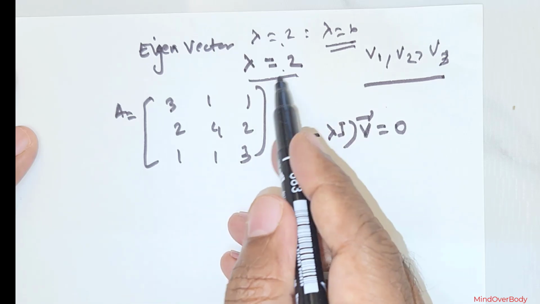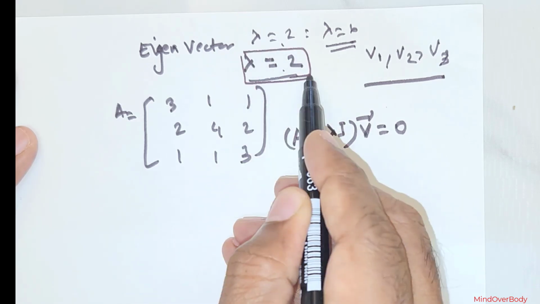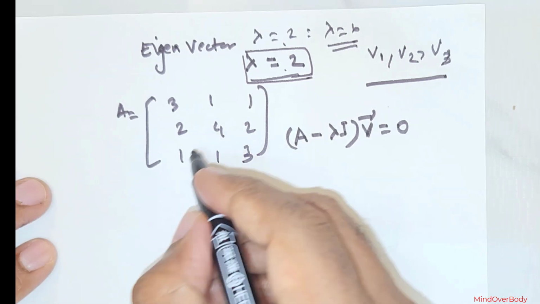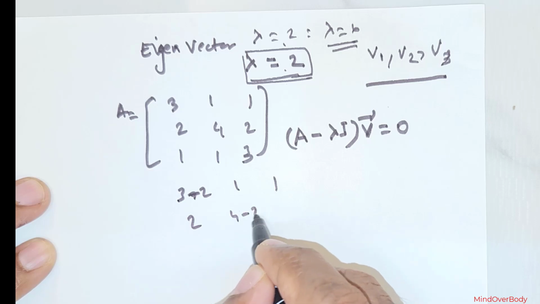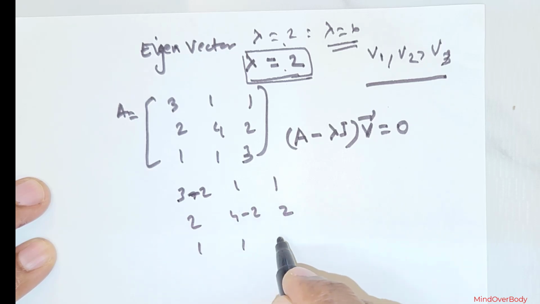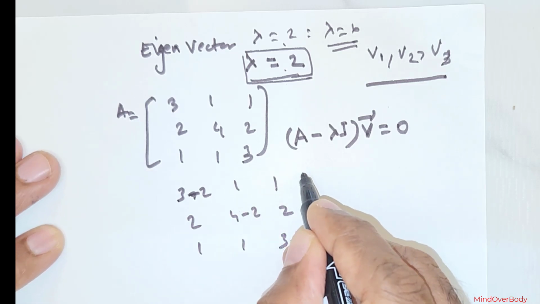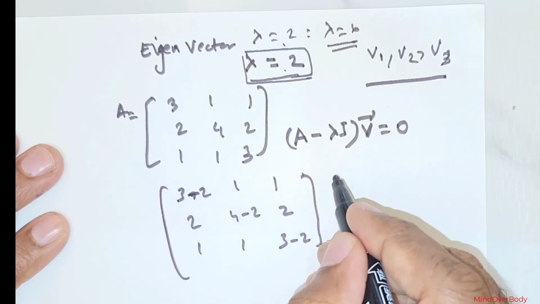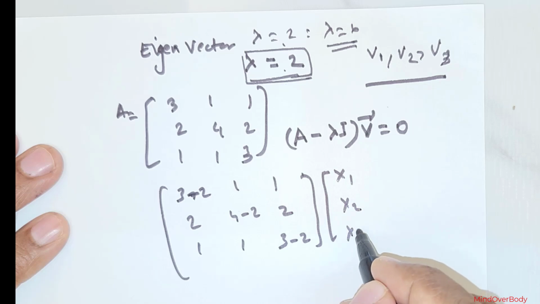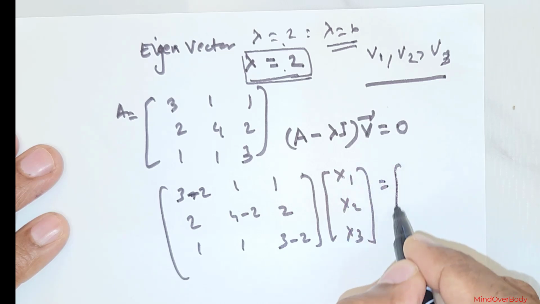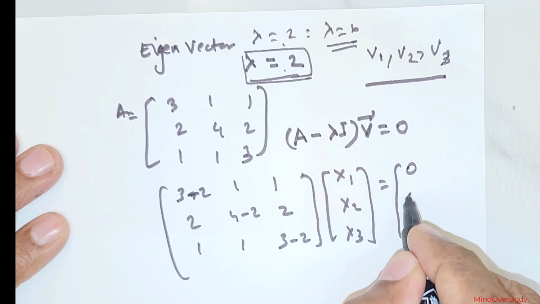So for lambda is equal to 2, this is going to be the algorithm. So 3 minus 2, 1, 1; 2, 4 minus 2, 2; 1, 1, 3 minus 2. So this is what we have got. And the V vector, I'm going to take it as x1, x2 and x3, and we are equating it to 0, 0, 0.